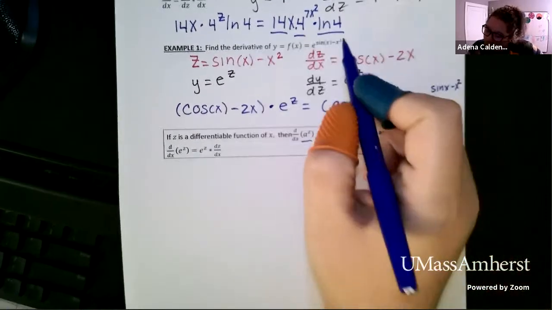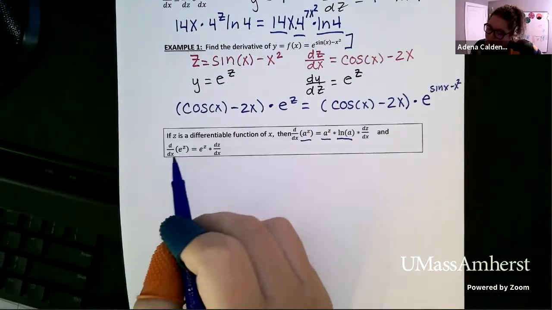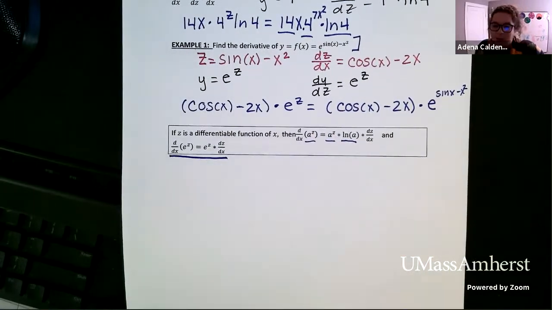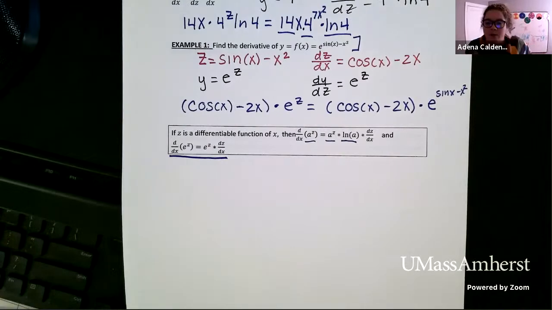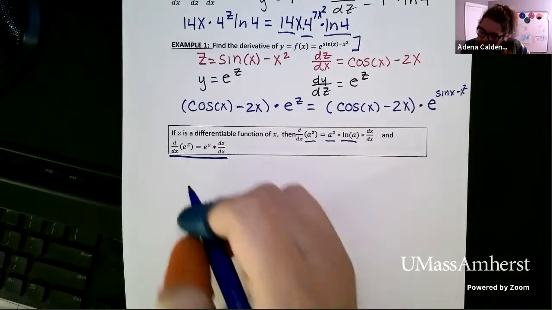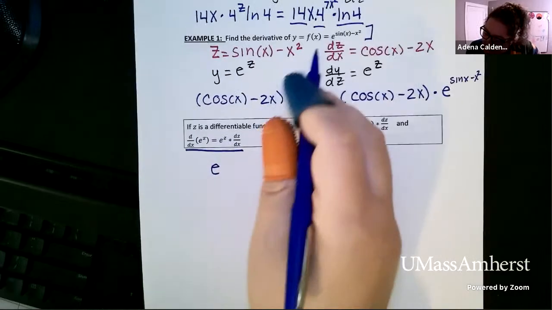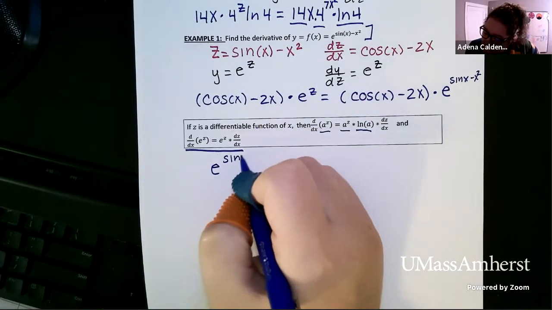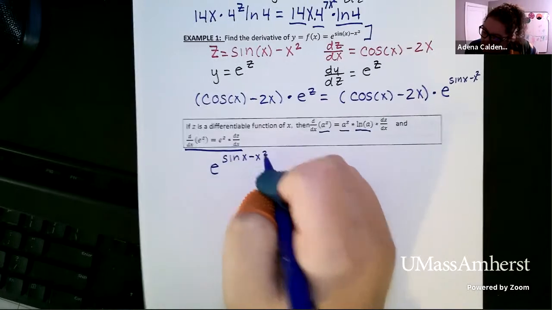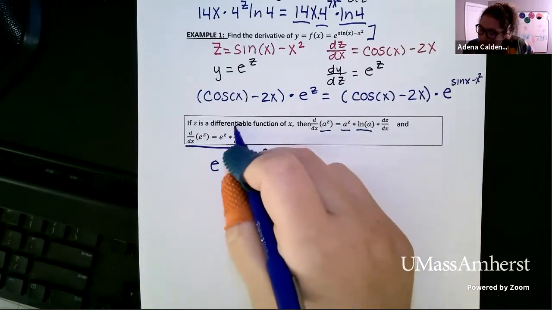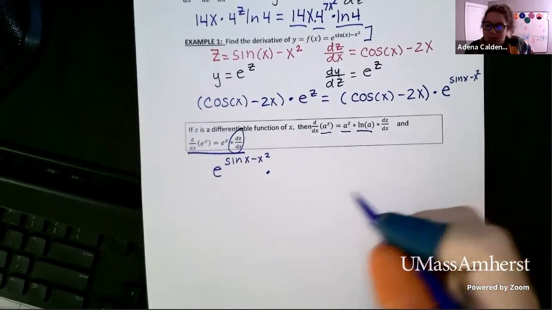So let's look at the problem we just did. What this rule says is that if we're going to take the derivative of a chain rule that has a base e, we're going to get the same thing back. So here, e to the z, e to the z. So e to the sine x minus x squared times the derivative of the power.